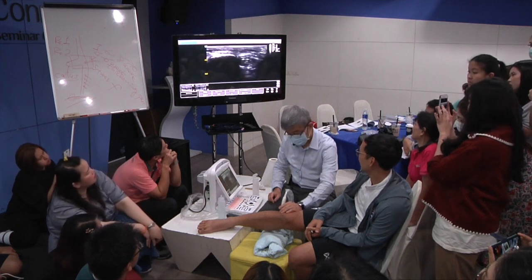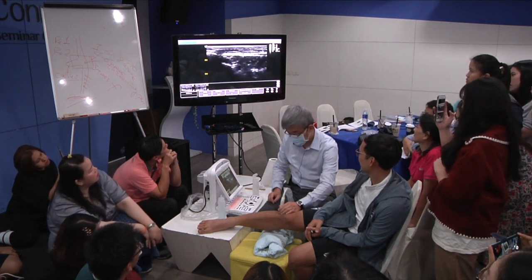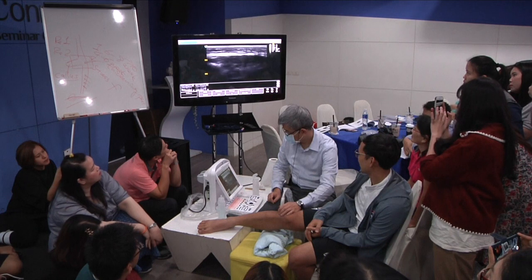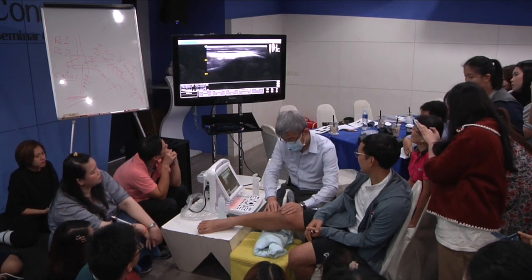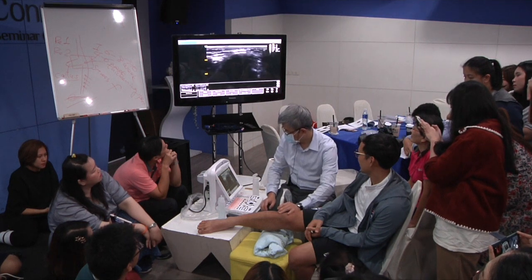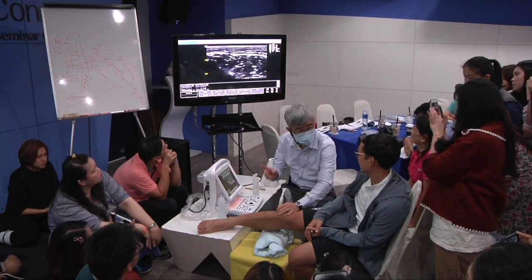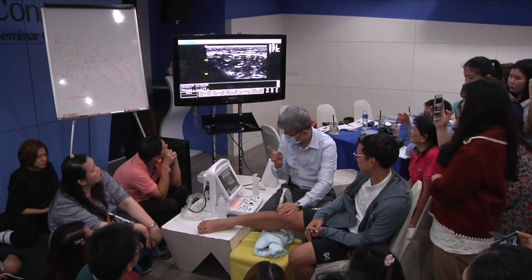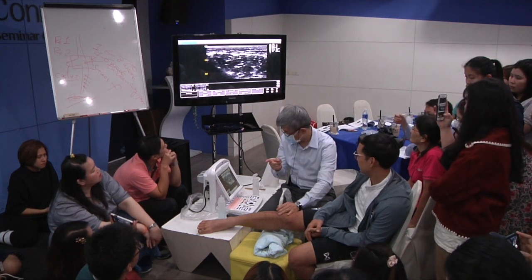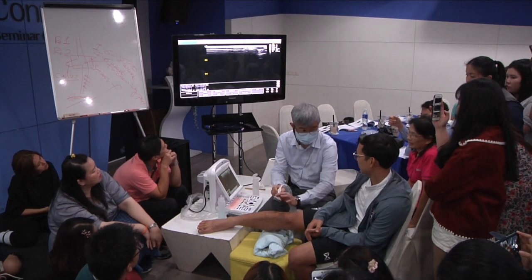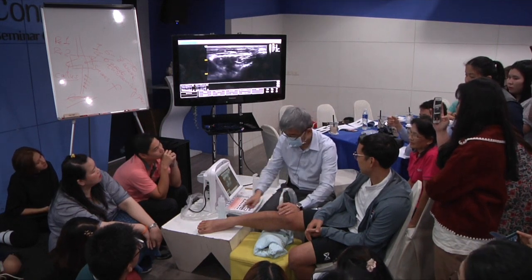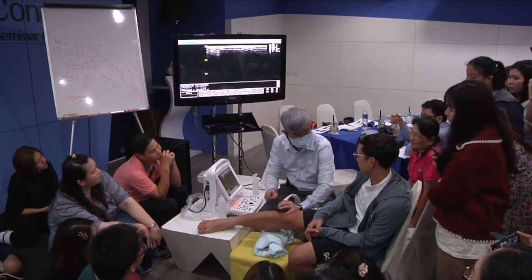Fibula head. Fibula head. Okay, that's the extensor digitorum longus. So I need to, the probe is wrong. See? But with this, it's very easy, right?